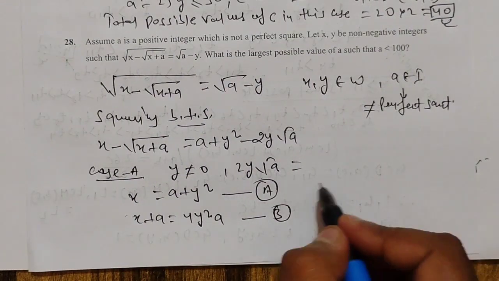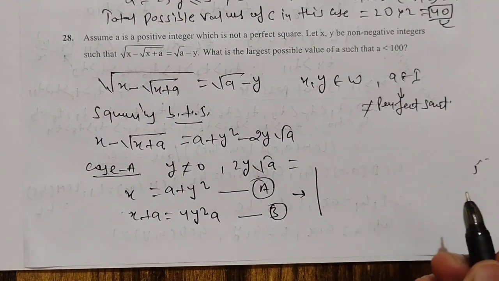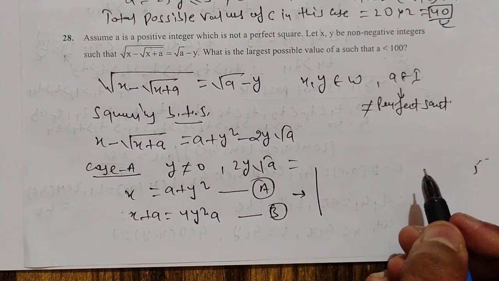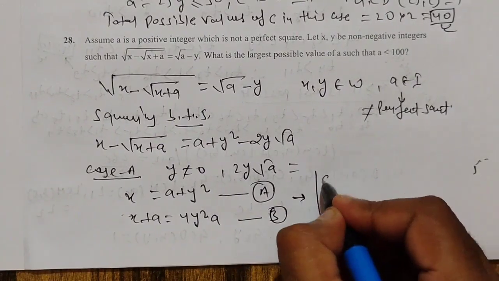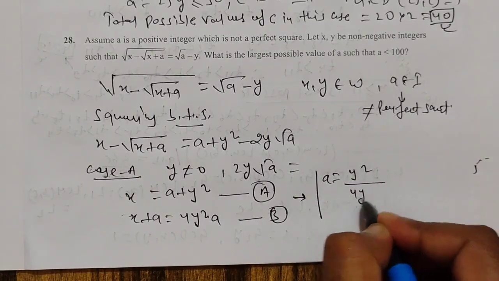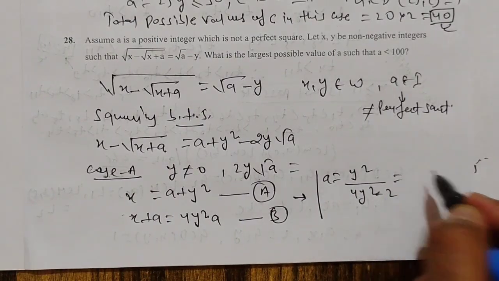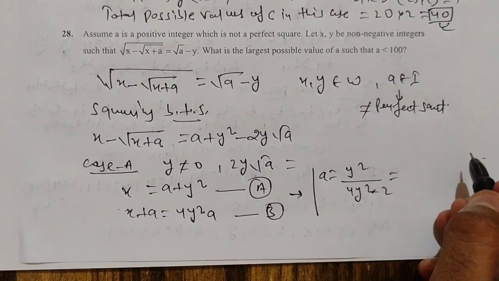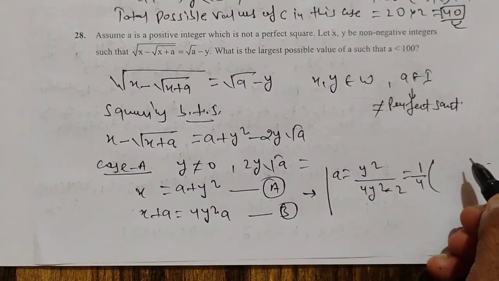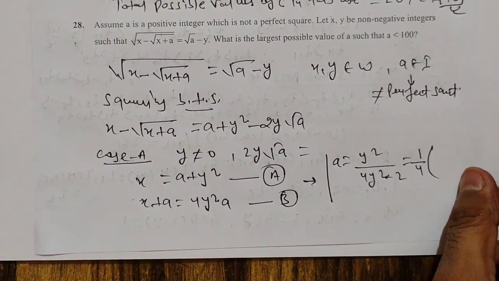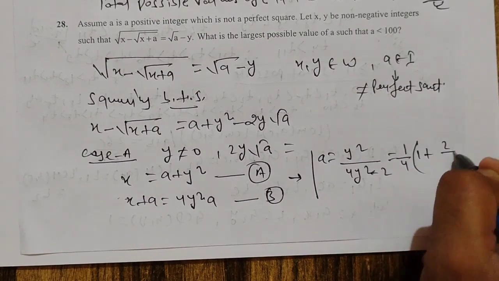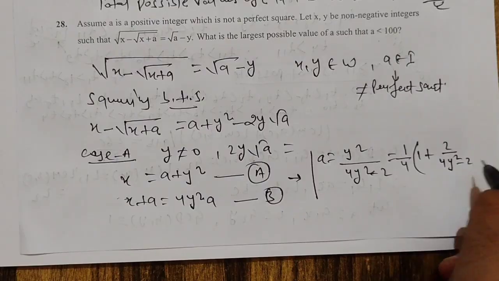By solving both a and b, we get the value of a is equal to y square by 4y square minus 2, and this is equal to 1 by 4 into 1 plus 2 by 4y square minus 2.